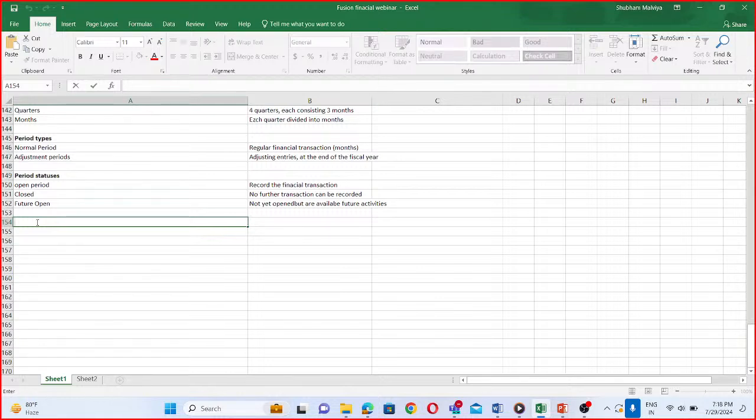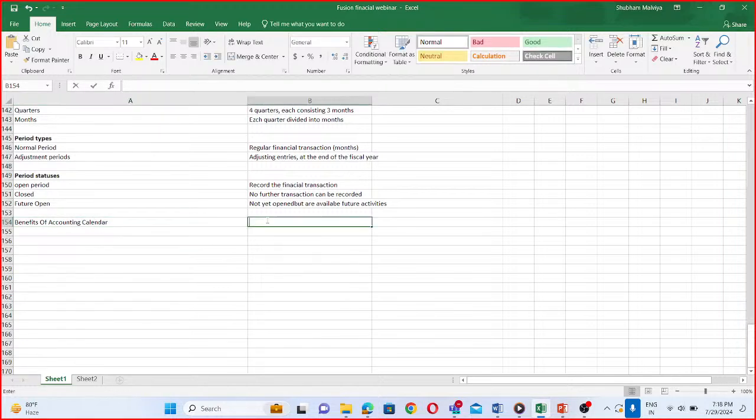So now why are we discussing this accounting calendar? Let's say the benefits of accounting calendar.